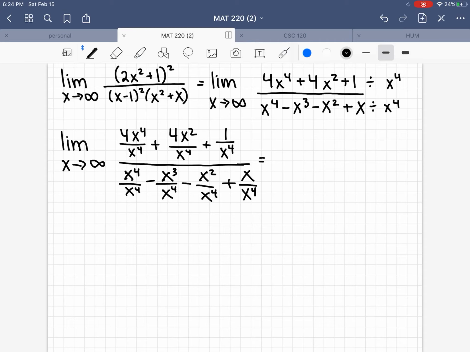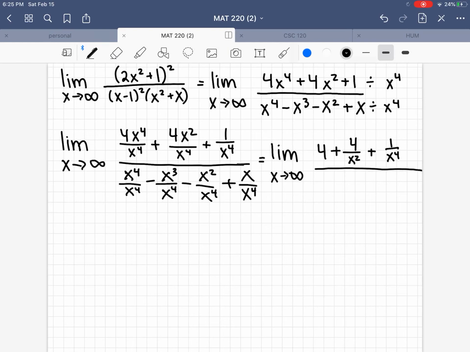Okay, so now that we have that, it's just a little bit easier to see how those divide out. So then that ends up being the limit as x approaches infinity. The x to the 4th here ends up canceling out, so we end up having 4. And then over here, we end up with our plus 4 over x squared. And then for that last one, we just end up having the 1 over x to the 4th.